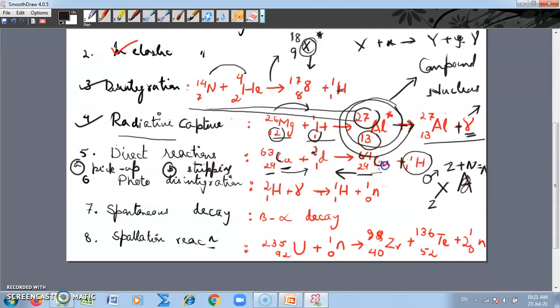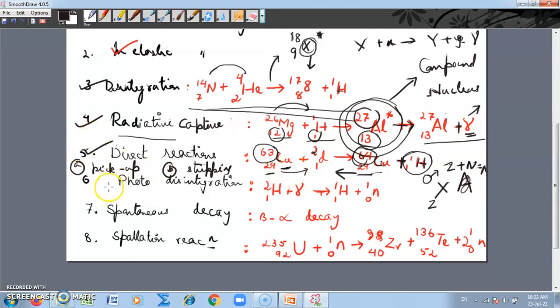This is copper with a mass number of 64, and as a result of the reaction with an alpha particle, this plus this gives us copper 63, which is one neutron less, so it has been stripped of one neutron. It is as if this one hits this, takes one neutron, and it becomes like this. That is what is meant by stripping. So that is direct reactions.